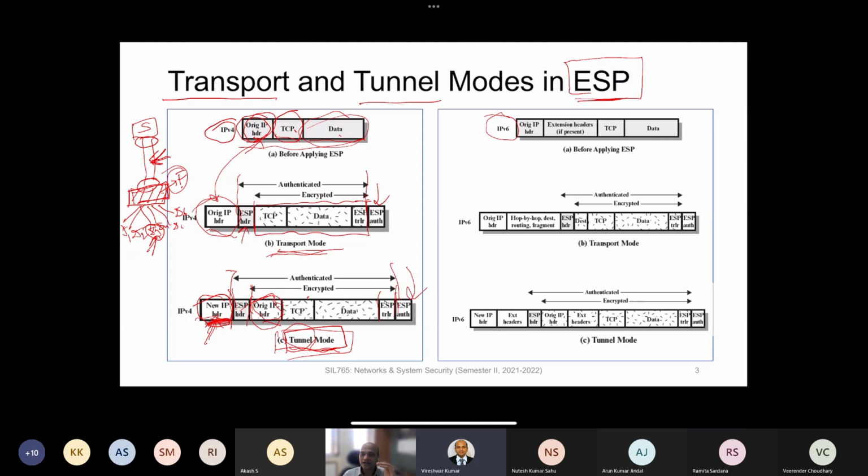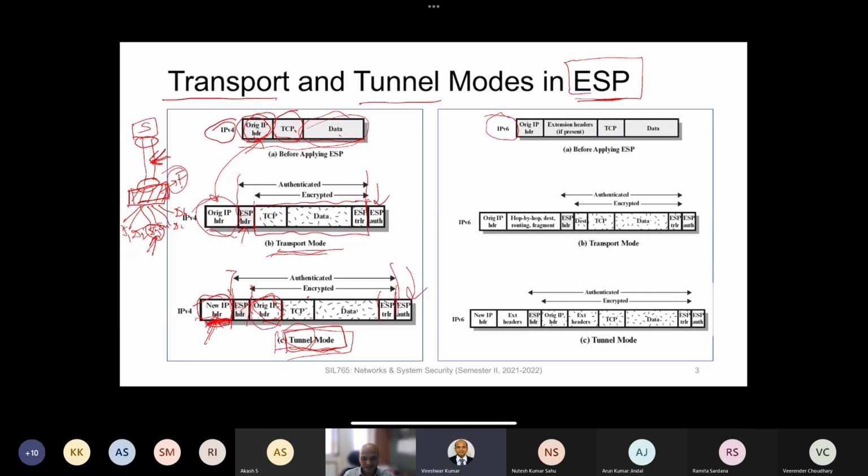Then let's come down, and if we have TLS, there will be a handshake for TLS, and then it will be determined what is the crypto suite that will be utilized. Then we come down in the protocol stack, and we have IPsec. Again, in IPsec there will be a separate handshake algorithm, and a separate crypto suite will be agreed between the sender and the receiver, and then they will utilize those algorithms.